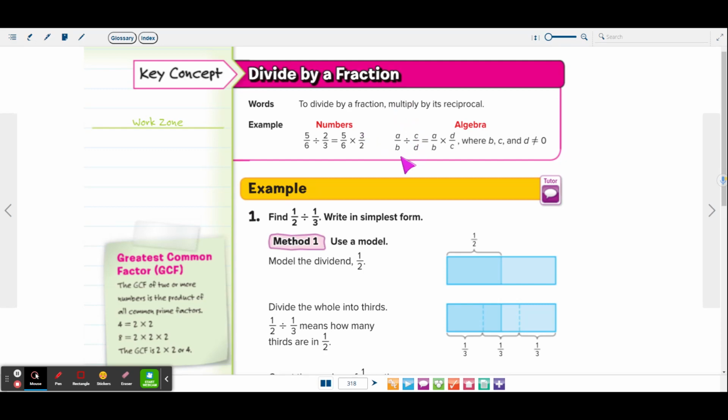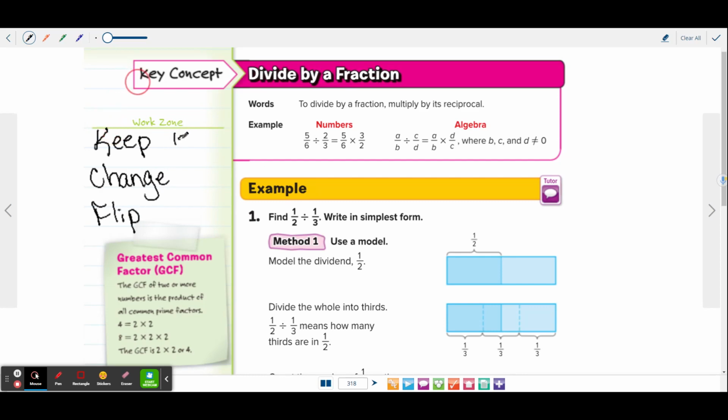Okay. So to divide by fractions, first, you want to multiply by its reciprocal. So remember whenever I said before, that we keep, change, and flip.